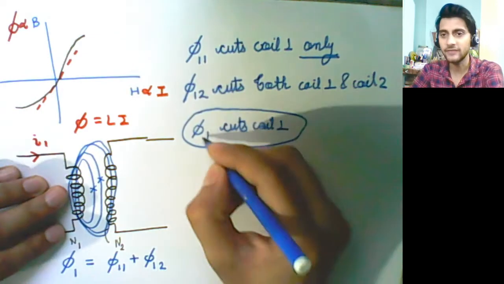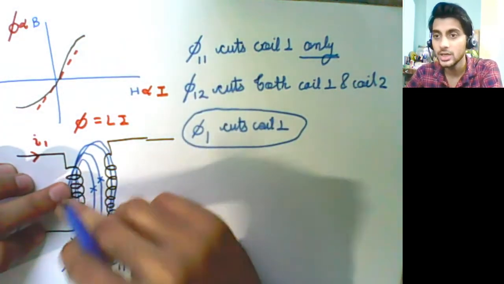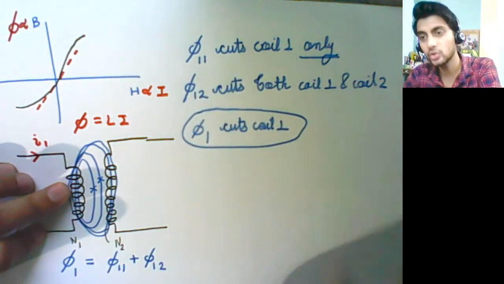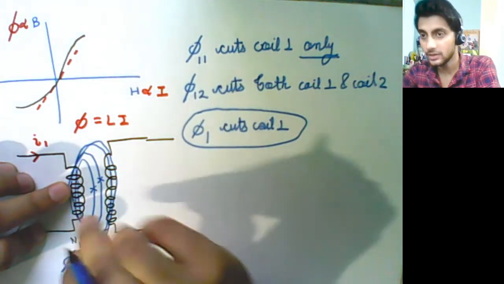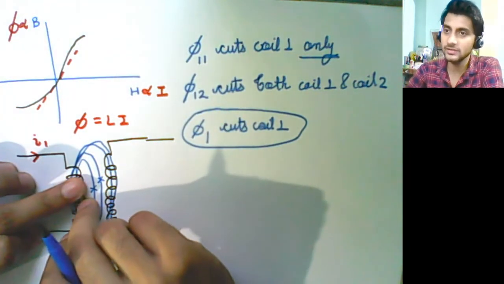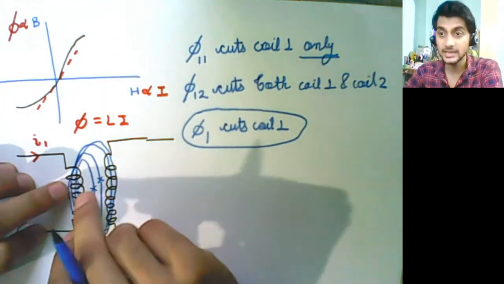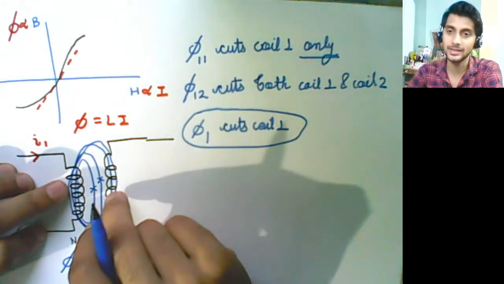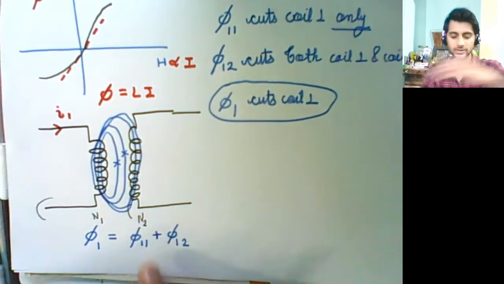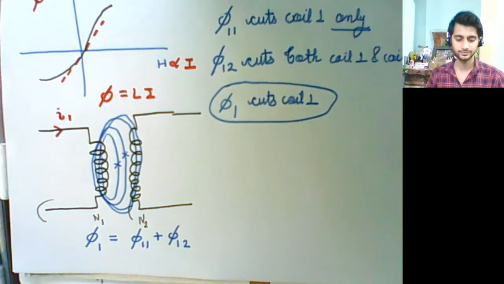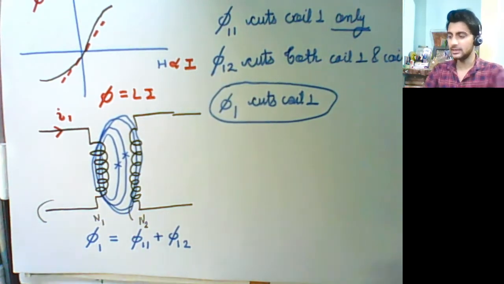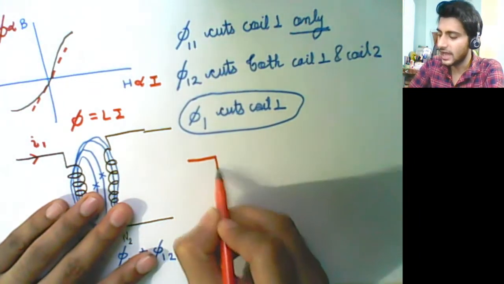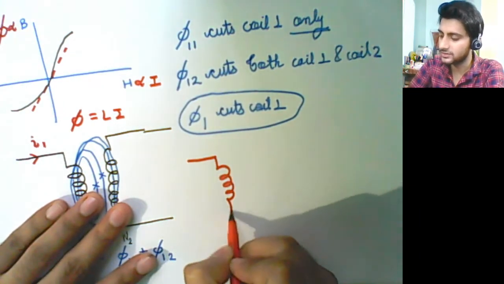And you know that phi 1 is the total flux across coil 1, which can be of two types: a portion which passes only through coil 1, and a portion which passes through both coil 1 and coil 2. And that's why we have written phi 1 is equal to phi 11 plus phi 12. Okay. Similarly, you can also have the same thing happening for this case.